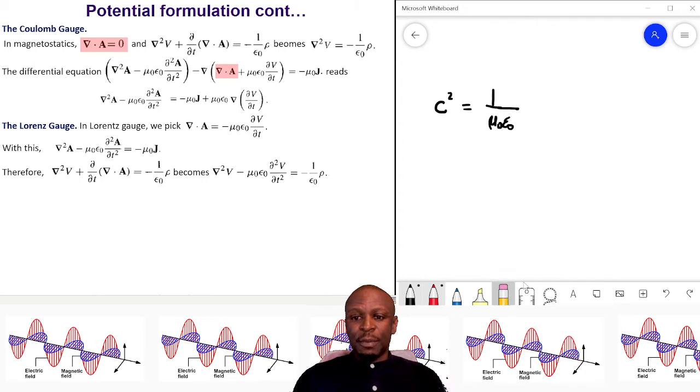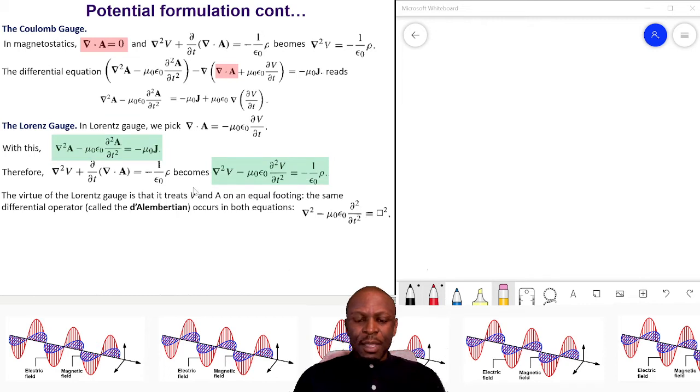Good. So now from there we can actually use what you call an operator. If we take out this operator here, which is defined as this square sign, that is what we call the D'Alembertian operator. So that's what you are going to have if you want to write it in terms of the D'Alembert operator, for the scalar potential as well as the vector potential.